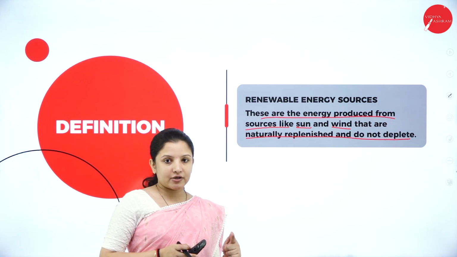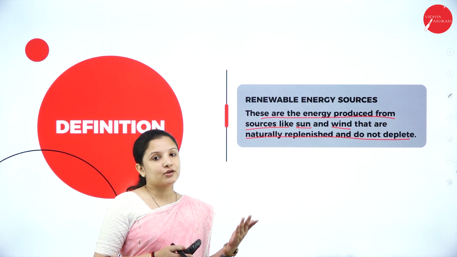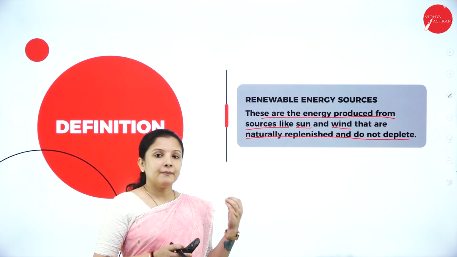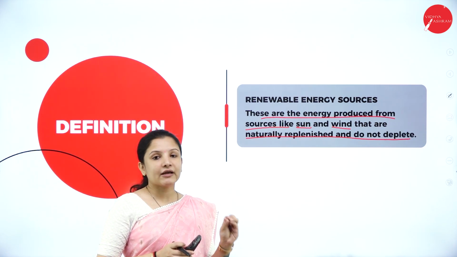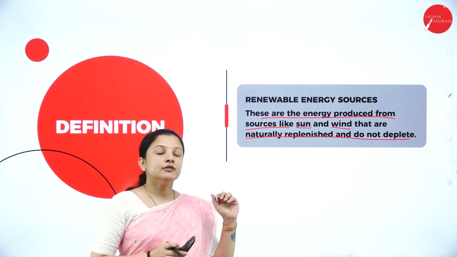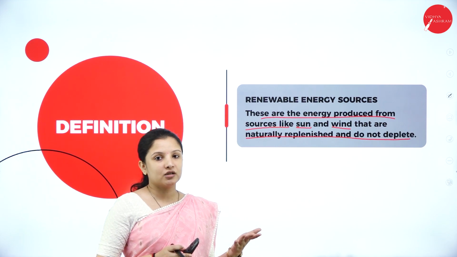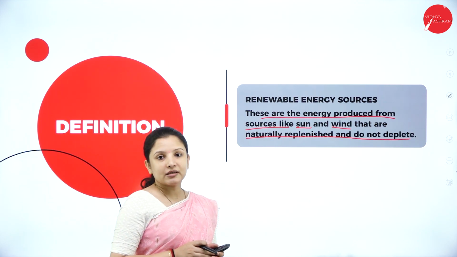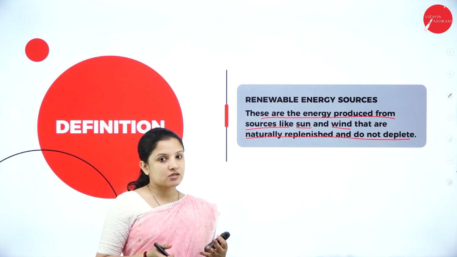Of course, the radiation and the speed or intensity of the wind might reduce, but they are there on the planet lifelong. They will never get depleted. Therefore, the energy derived from solar energy, that is the sun, and wind energy are renewable energy sources which can be renewed and will never get depleted.